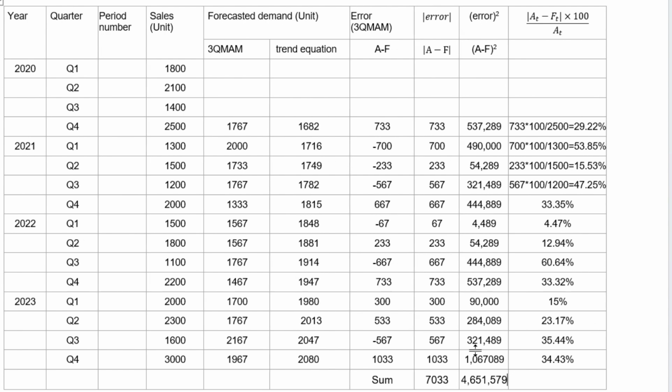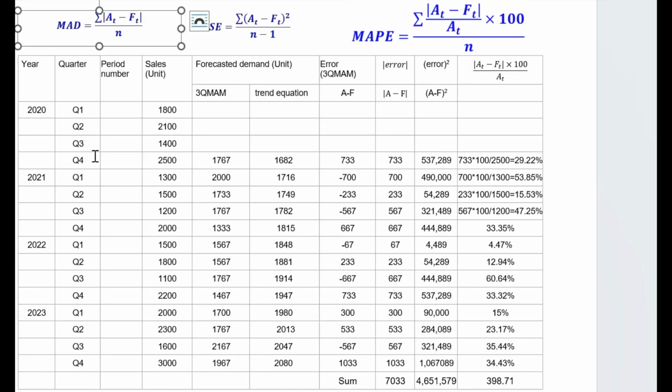The summation of the square of the error is 4,651,579, while the summation of the percentage of the error is 398.71. Now we are ready to calculate the three measures for the forecast accuracy for the first method of the forecast, which is the 3-quarter moving average method.